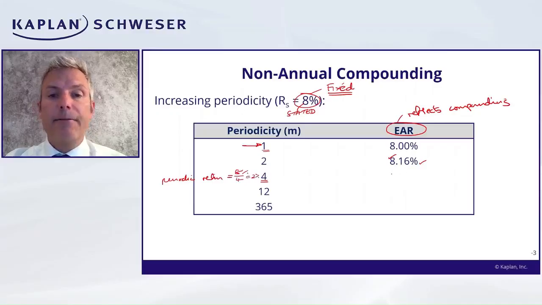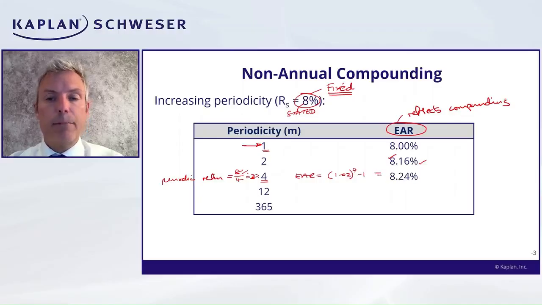And when we think about our effective annual rate of return, that means we're going to compound 2% 4 times in the year. So when we compound 2% 4 times in the year, we see that our EAR is 1.02 to the power of 4 minus 1. And that's how we get to this number here, 8.24%.